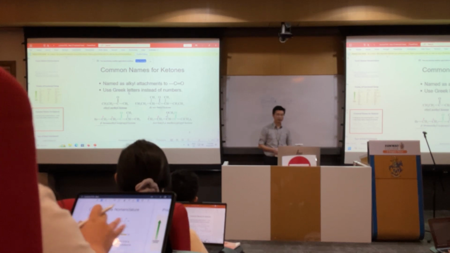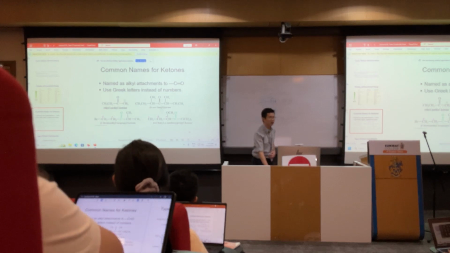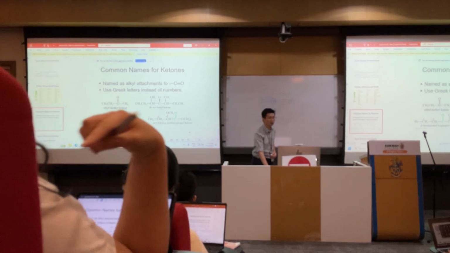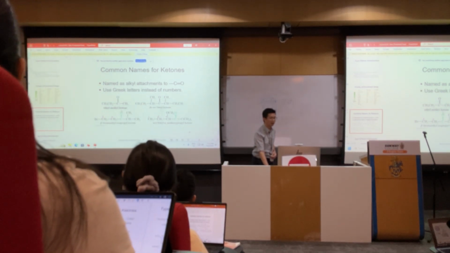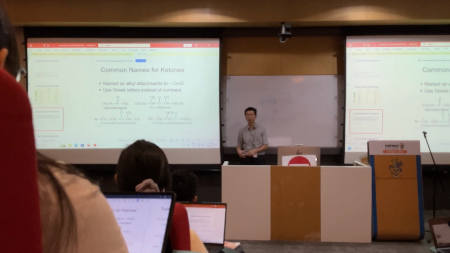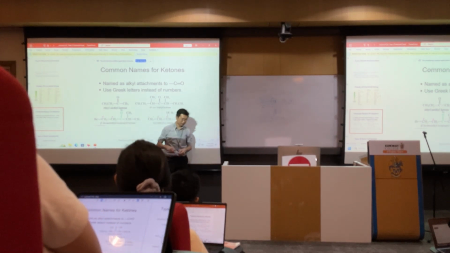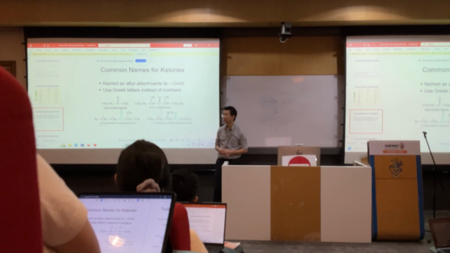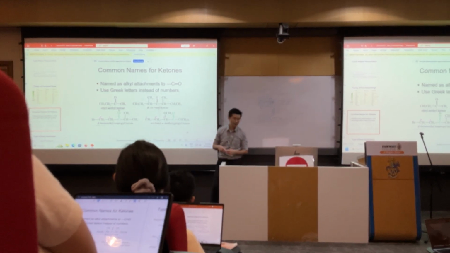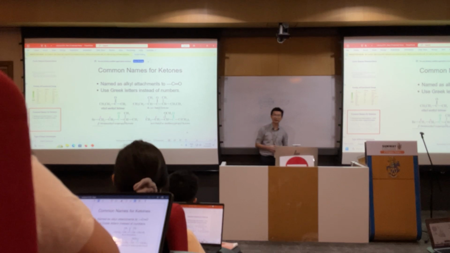Similar to this ketone, besides the IUPAC name, we also have a common name. For example, this one, methyl ketone. The naming is based on the substituents on the side of the carbonyl group. For example, if we have a methyl group and an ethyl group next to the carbonyl group, we call it ethyl methyl ketone, in alphabetical order. The numbering is based on Greek letters instead of numbers.